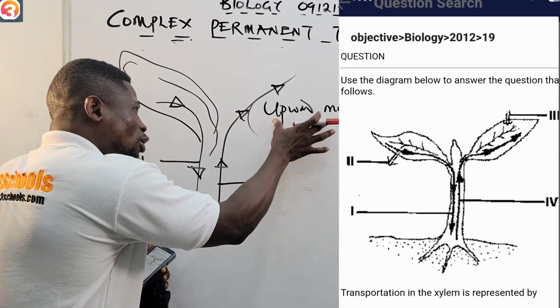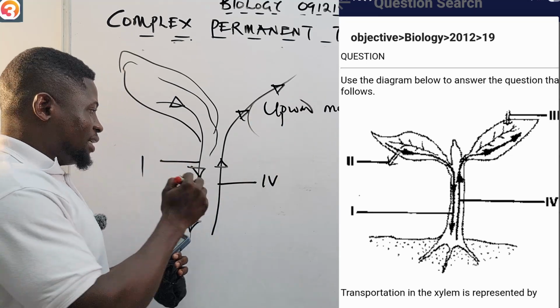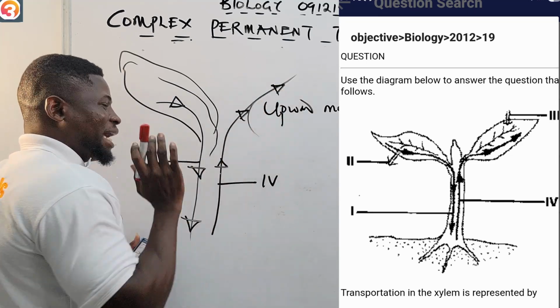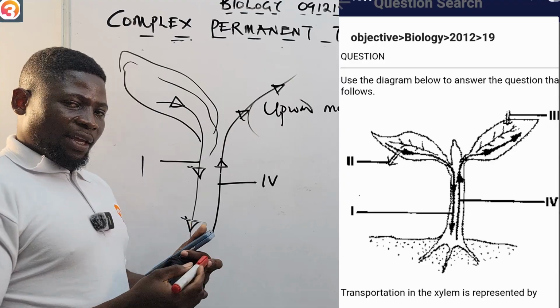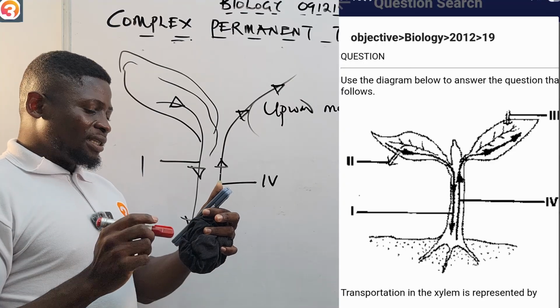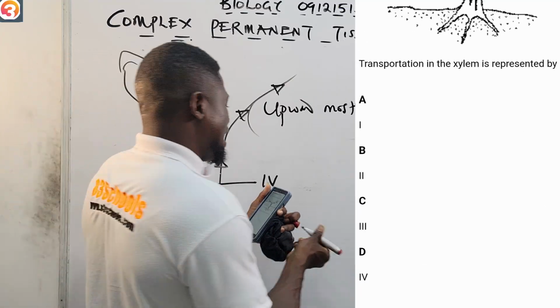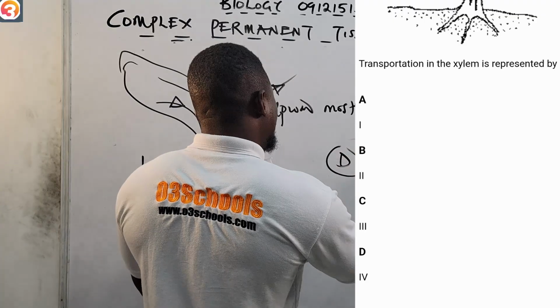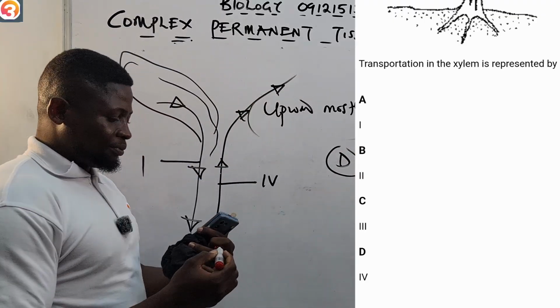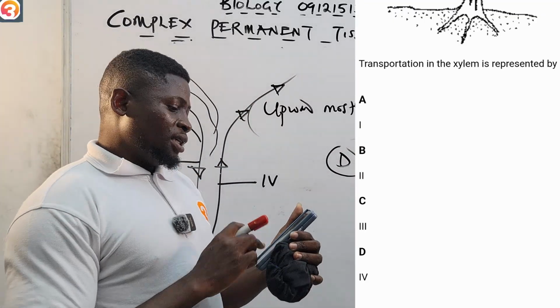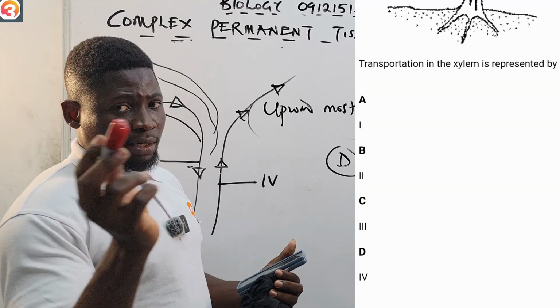We know that it's already upward, so any arrow going upward will be our correct answer. That is IV. So A says I, B says II, C says III, D says IV. The correct answer is D, which is IV. Very simple.